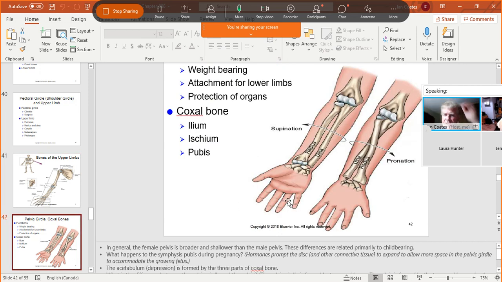Let's have a look here. There's your radius and your ulna. Just know supination, as if your hand is up, like this. Where is your radius? Where is your ulna? Have a look. Pronation is the term used to flip, and now you're looking at it from here. Supination, pronation.